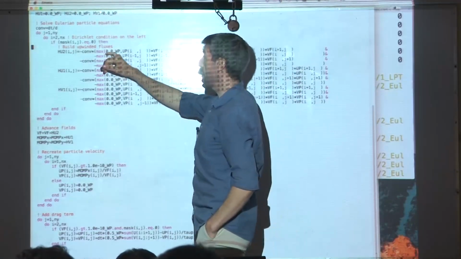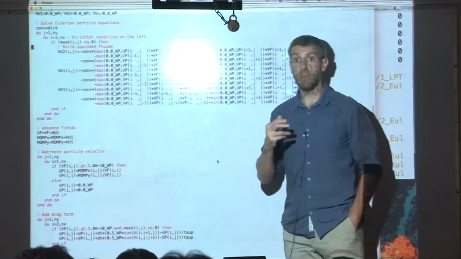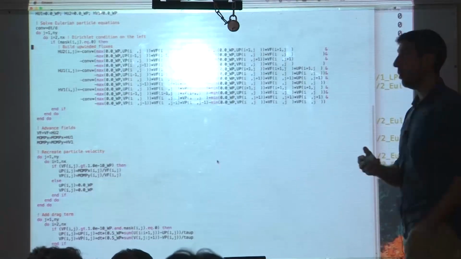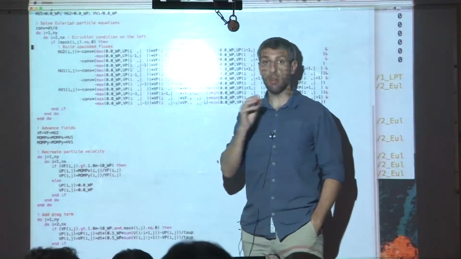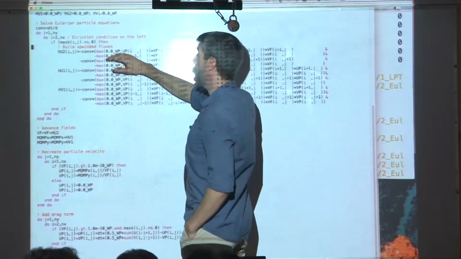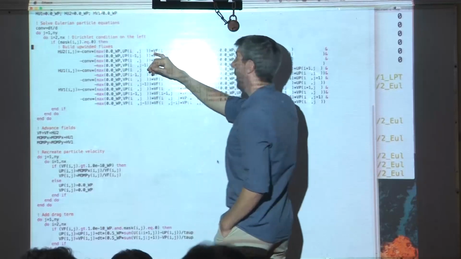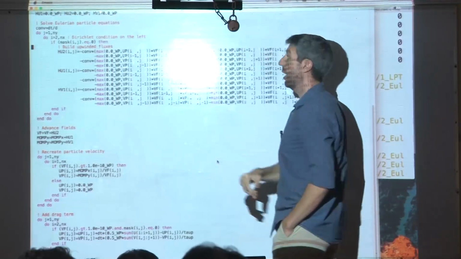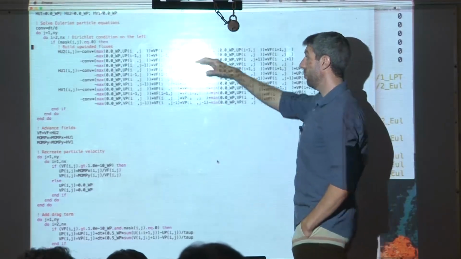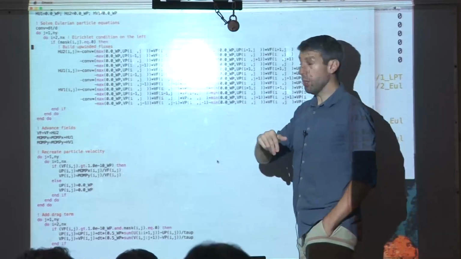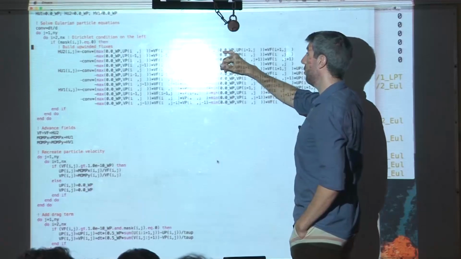By taking the max of 0 and UP, I'm getting a non-zero value only if UP is more than 0. If UP is positive, meaning the flow is going from left to right, I'm going to be upwinding by discretizing using information from the left, and that's what I'm doing right after. And then the downwinded part is the min of 0, UP.